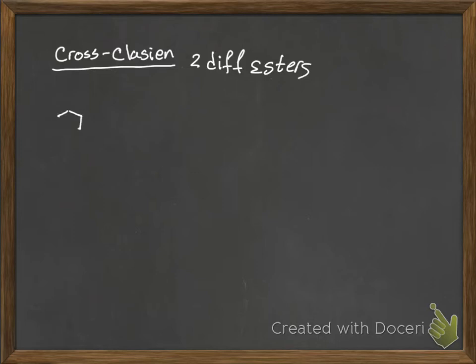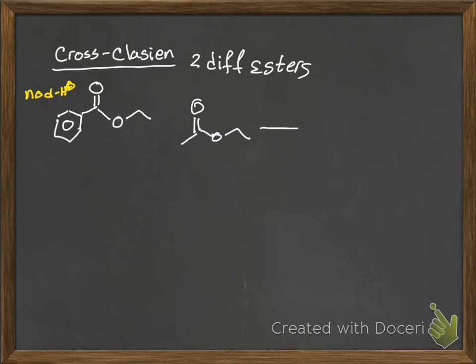So let's say here, and there. All right. Now, I picked this for a reason. This ring, no alpha protons. So it cannot do enolate chemistry. Where this ester, the ethyl acetate over here, can, and we react this with ethoxide.